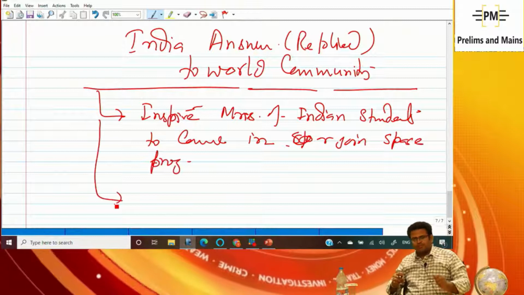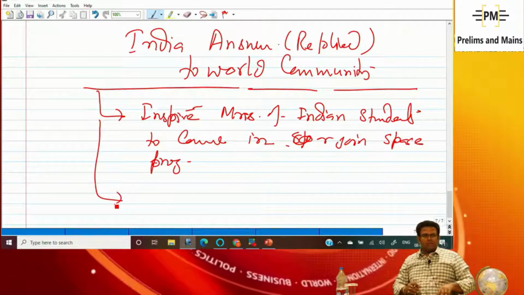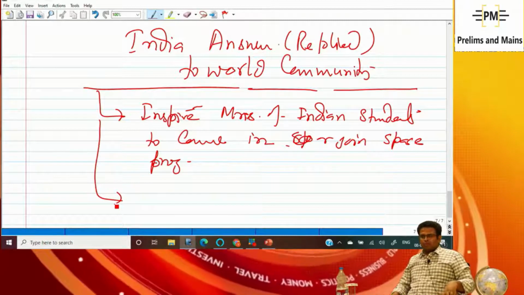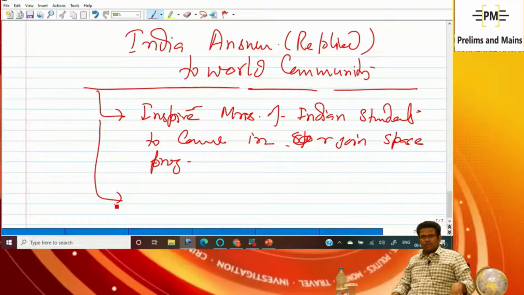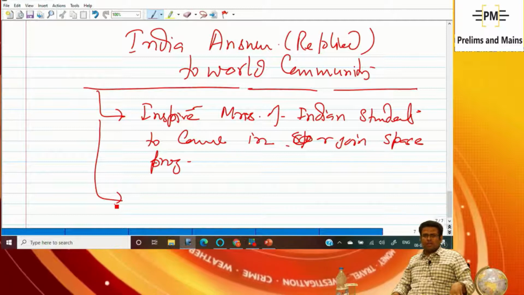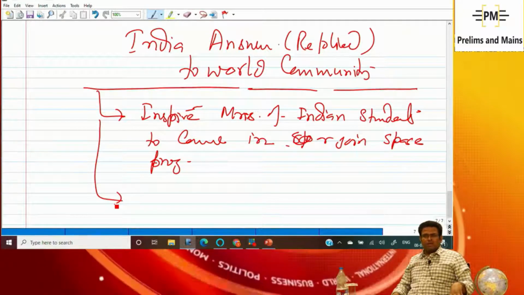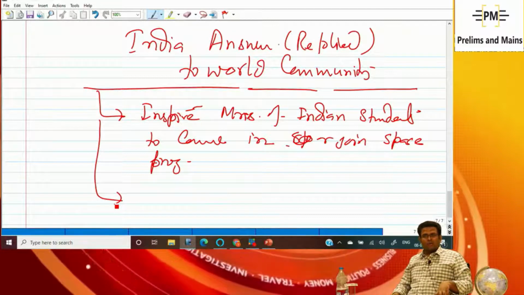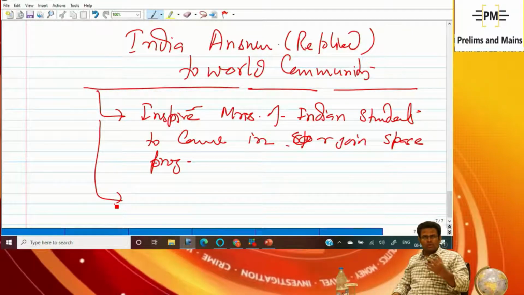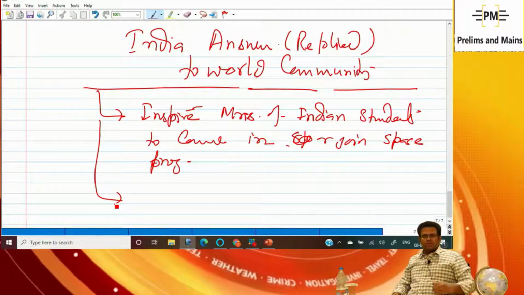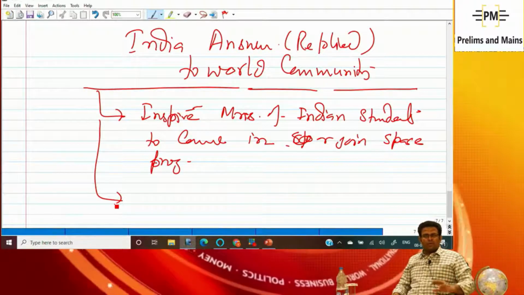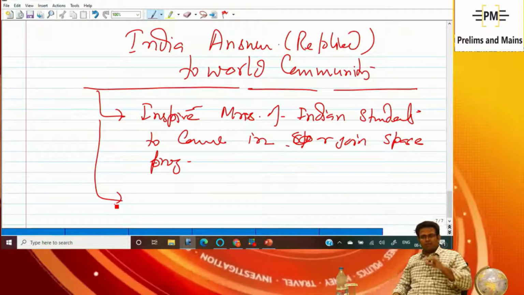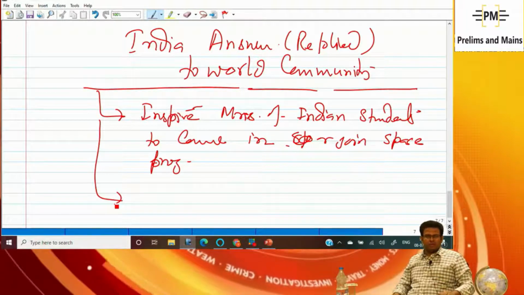Another thing, you know that in NASA, most of the members working in the different sections, different departments of NASA, and the scientists, they are Indians. So if our Indian space program improves and increases, then they will find better opportunity in the Indian space agency instead of a foreign space agency.